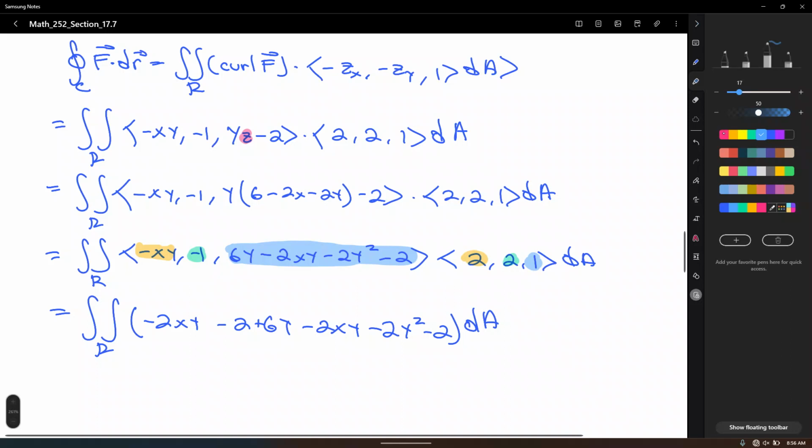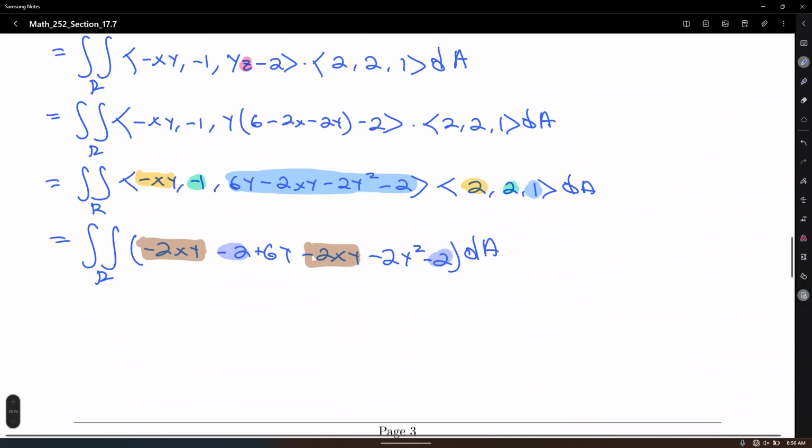Yes, the negative 2xy's and the negative 2's. Let's simplify the integrand. I will iterate at this point. So, negative 4xy plus 6y minus 2y squared minus 4.